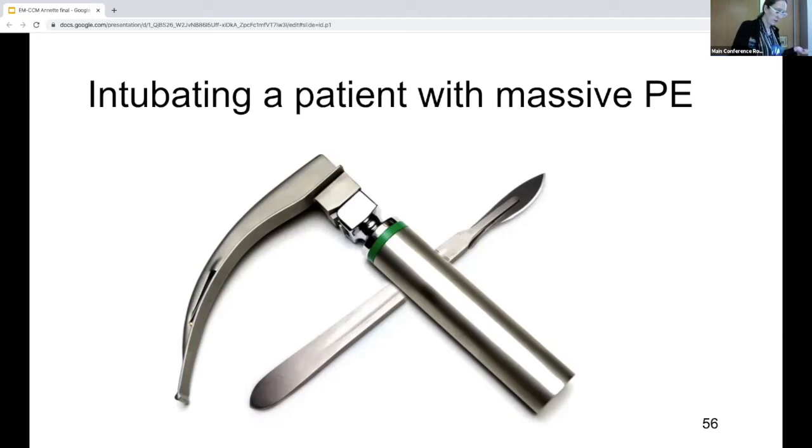The decrease in ventilation and oxygenation peri-intubation can increase the pulmonary vascular resistance. The increase in intrathoracic pressure with transition from negative to positive pressure due to mechanical ventilation can reduce the venous return and can lead to a further drop, right? So generally try to avoid intubation.